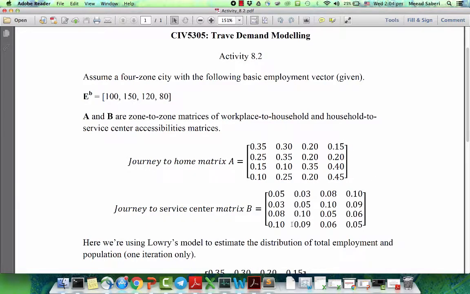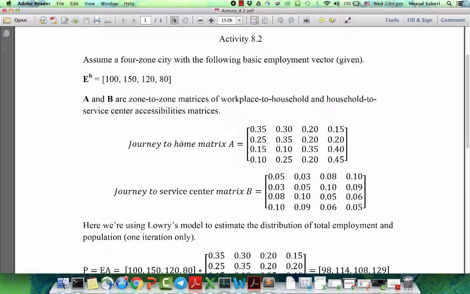You can calculate this accessibility matrix following the equations that we saw in the slides before, looking at the Hansen's accessibility. So the journey to home matrix of accessibility is calculated and is given in this problem. The journey to service jobs matrix is also provided.